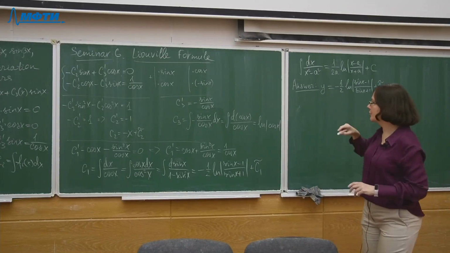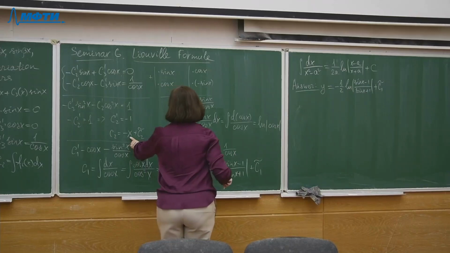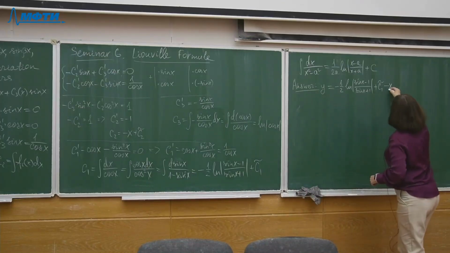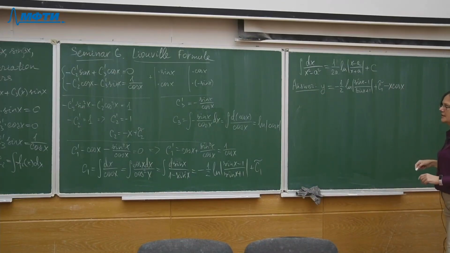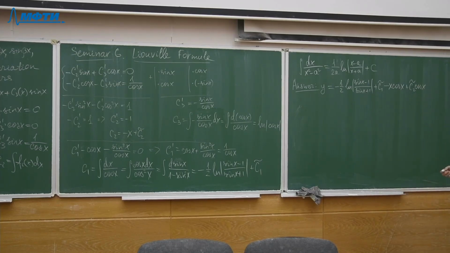Next, c2 can be taken from where is c2? C2 is this, minus x multiplied by cos x, minus x cos x plus c2 tilde cos x. And plus c3 sine x.